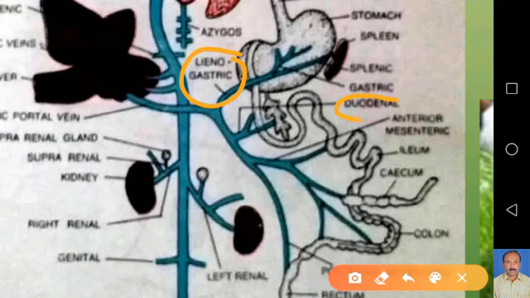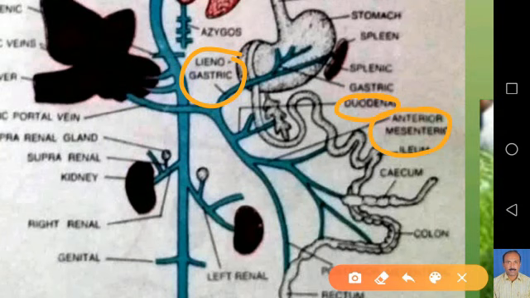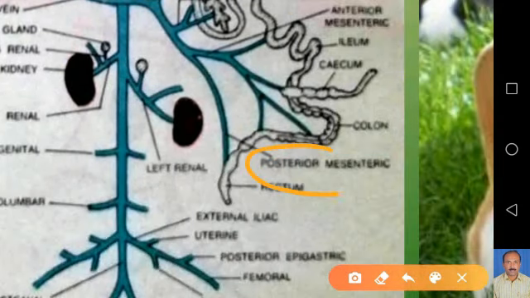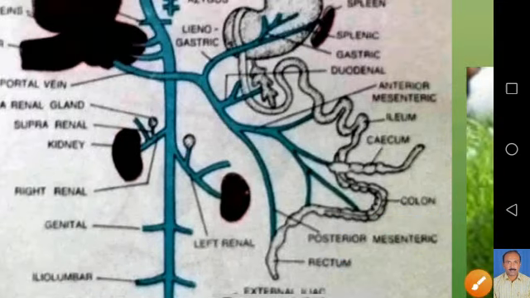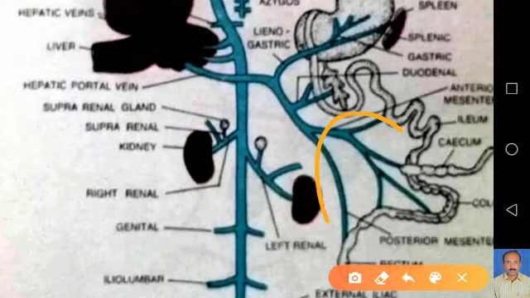Then duodenal vein from the duodenum, anterior mesenteric vein from the small intestine, cecum and colon, and posterior mesenteric vein from the rectum. All these veins unite to form the hepatic portal vein.